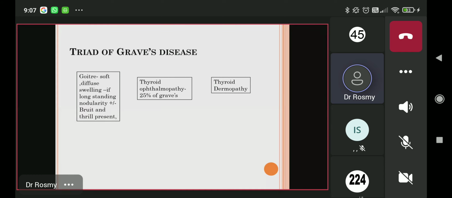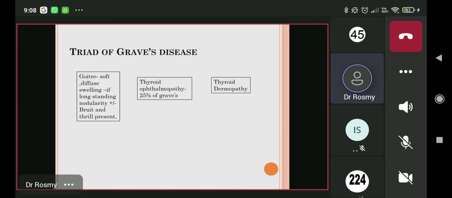They will be saying that a staring look will be there. Okay? Some people will say that there is dryness in the eye. So there are classification scales, clinical activity scores used in identifying ophthalmopathy. One which you will very commonly come to know and you all should remember, also given in Robbins, is something called the NO SPECS scoring system.